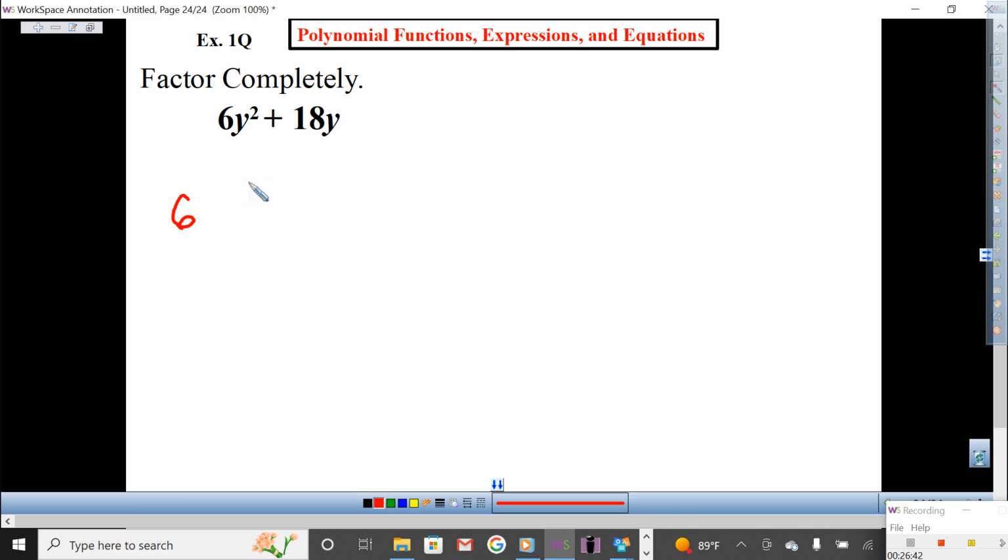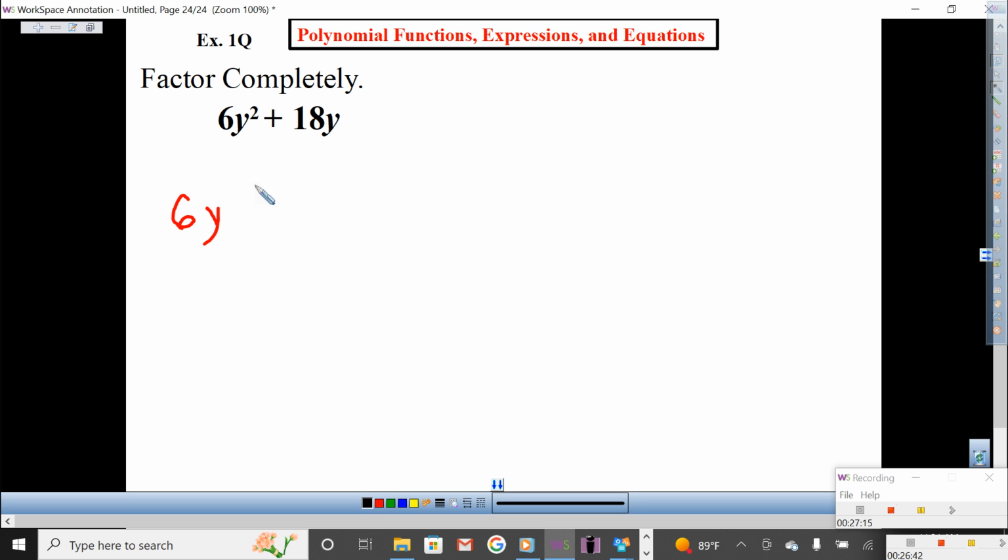Hands if you got 6. Yes. All right. And how many y's do they have in common? 1 y. That is correct.